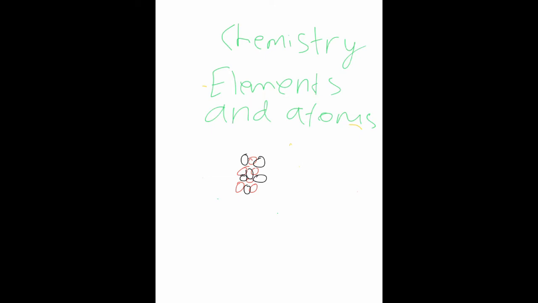So we have 1, 2, 3, 4, 5, 6 of each. And if it is a neutral atom, I'm just going to draw 6 electrons out here. And as you can see by the diagram I'm drawing, electrons are pretty small compared to neutrons and protons.